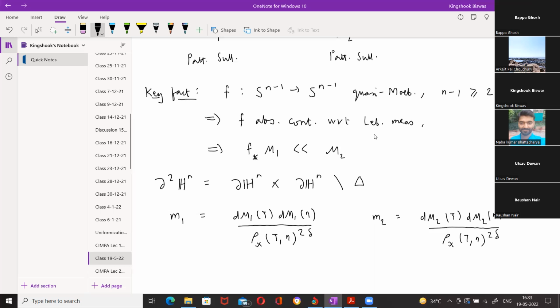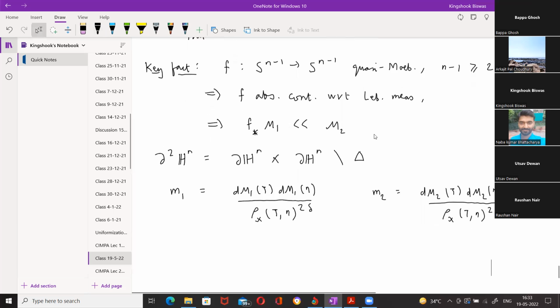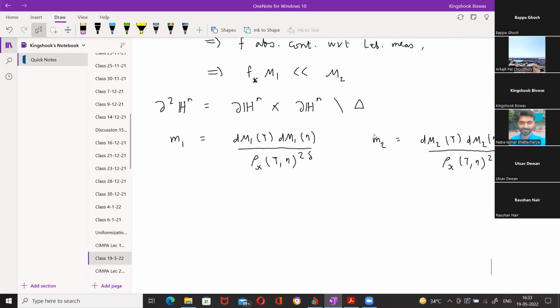Are you with me? Yes, sir. Okay. Now these are measures on del 2 Hn. All right. And the thing is, this M1 is invariant under gamma 1. This Mi is invariant under gamma i actually.